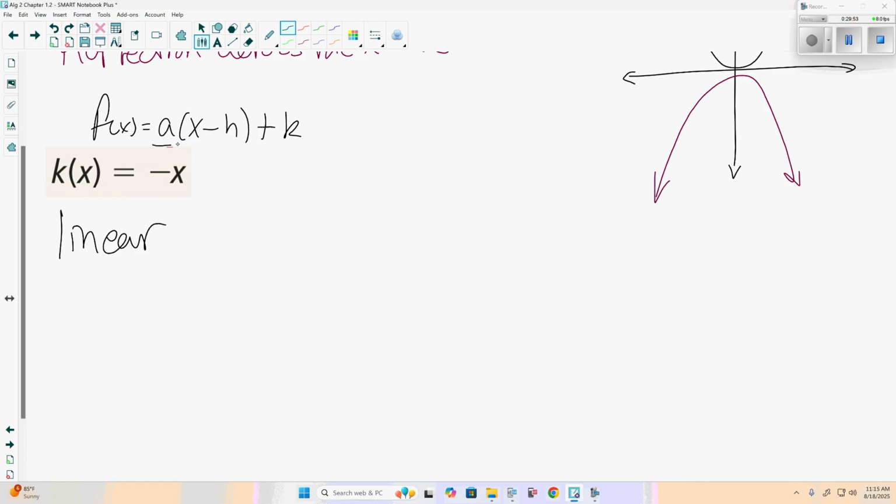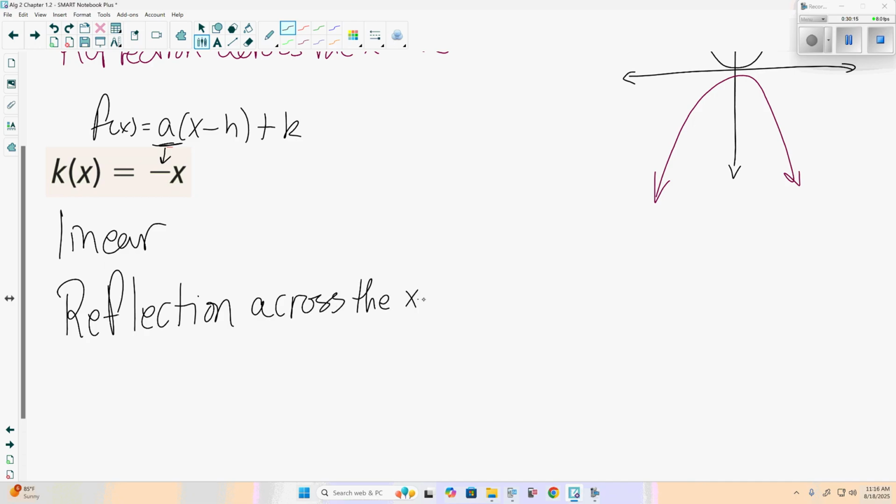The only thing we have is a negative in place of a, yes? Well, if a is negative, it has to be what? Reflected across the x-axis. Reflection across the x-axis.